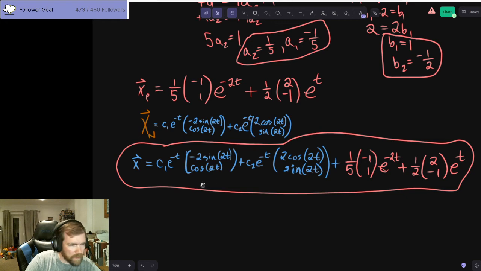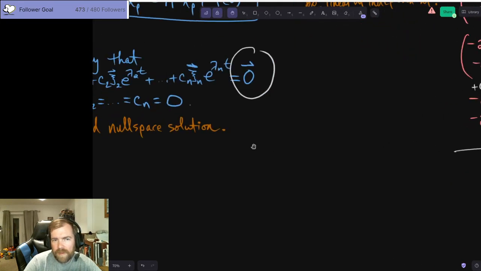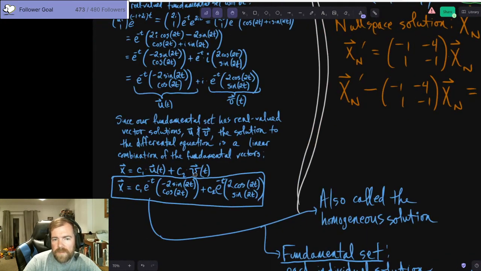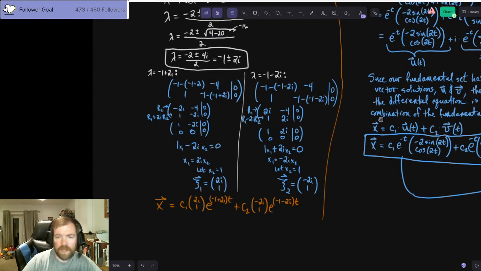I used the ones from the beginning. That's fun. Yeah, that's probably okay. So what we can do is take our eigenvectors from the very beginning.